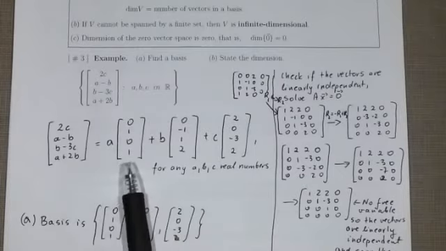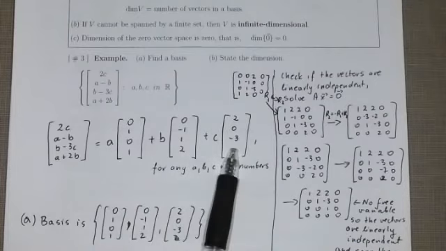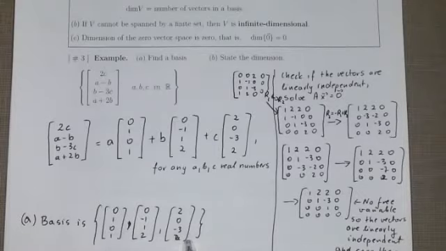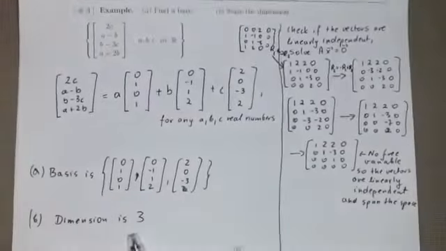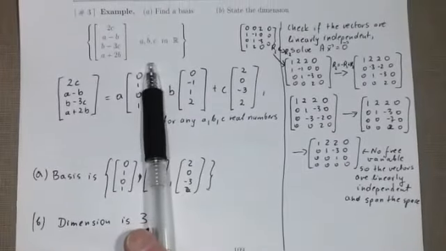The good candidates for basis are those 3 vectors, as long as they are linearly independent. On the side, we check the linear independence. It turns out that indeed they are linearly independent. So the basis is those 3 vectors. If I have 3 vectors in the basis, that means the dimension is 3, the dimension of the vector space of this form.